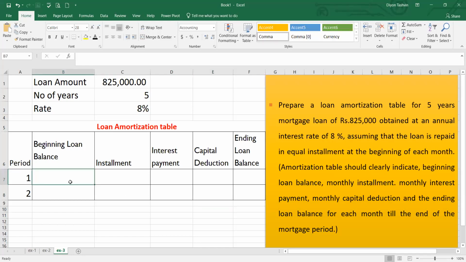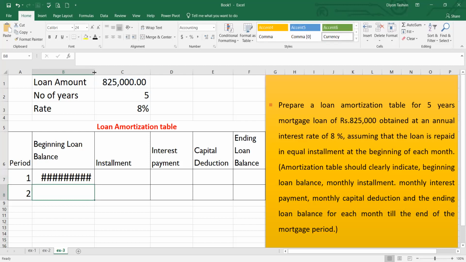First one is the beginning loan balance. The beginning loan balance indicates the mortgage loan value. So we have to refer to the loan amount, which is 825,000. Since this is fixed, we can fix the cell by using the F4 key, which indicates absolute cell referencing.